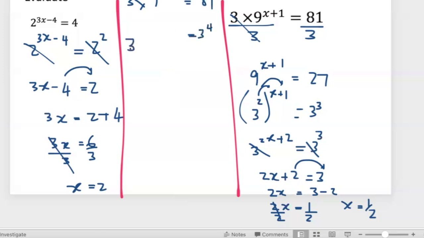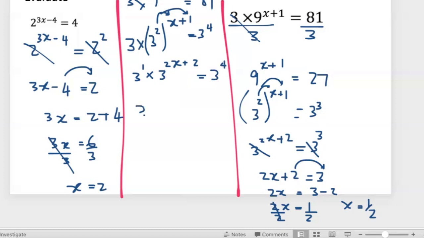We also know that 9 is 3 squared. And then we distribute the 2 times x and 2 times 1. So this is 3 to the 1 times 3 to the 2x plus 2 equal 3 to the 4th.